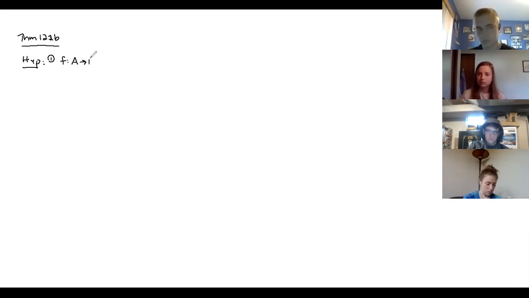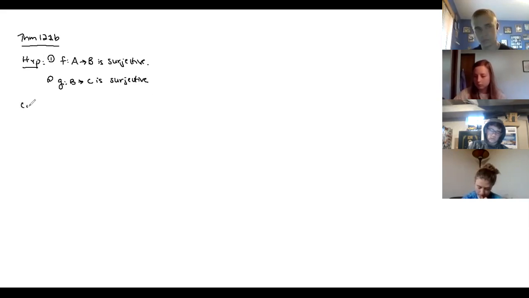So F going from A to B is surjective, and G going from B to C is surjective. Sorry, that's terrible handwriting. The conclusion is that G circle F going from A to C is surjective.